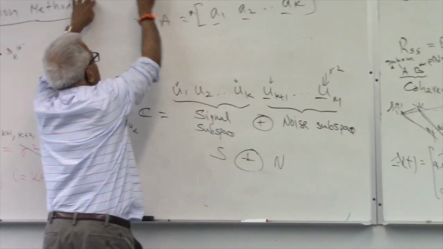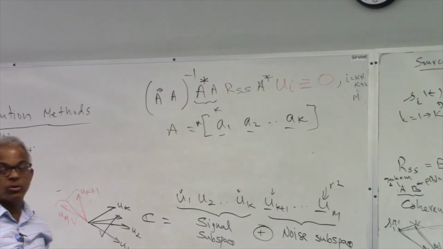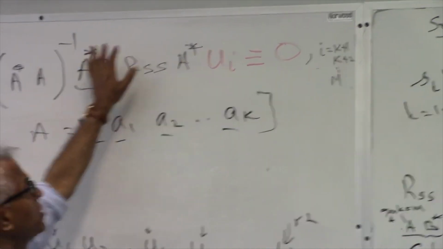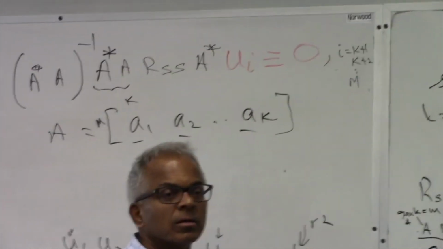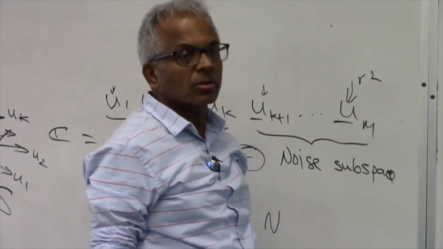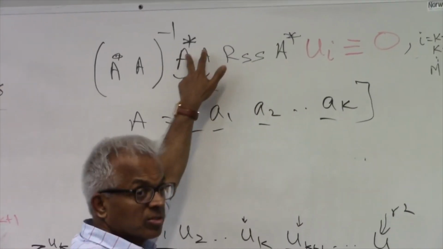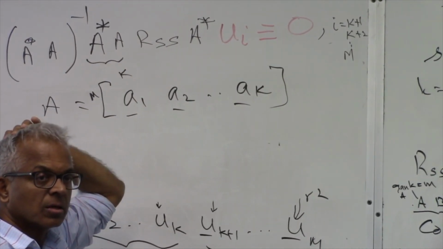You can multiply by the inverse, because it is full rank. Then this multiplied by this is identity. Can you directly conclude that R_SS ui is 0? Maybe not, because what if this was lower rank? No, because R_SS is positive semi-definite, right?